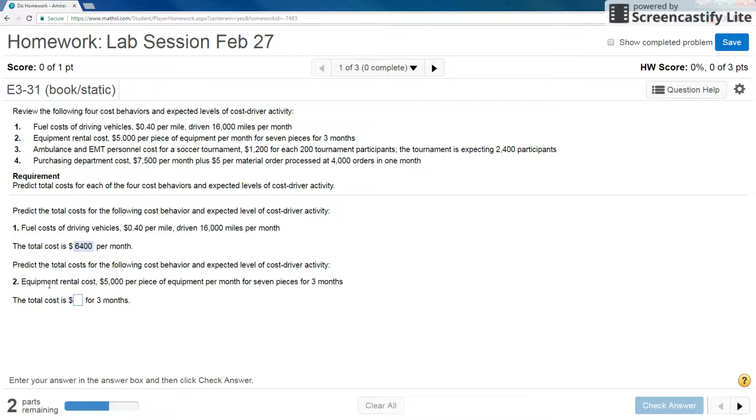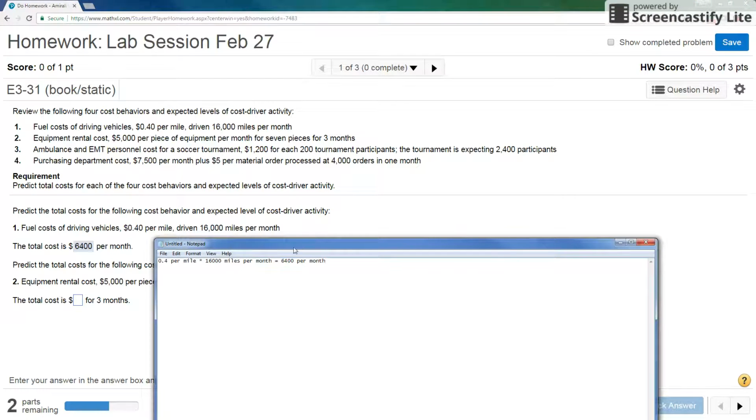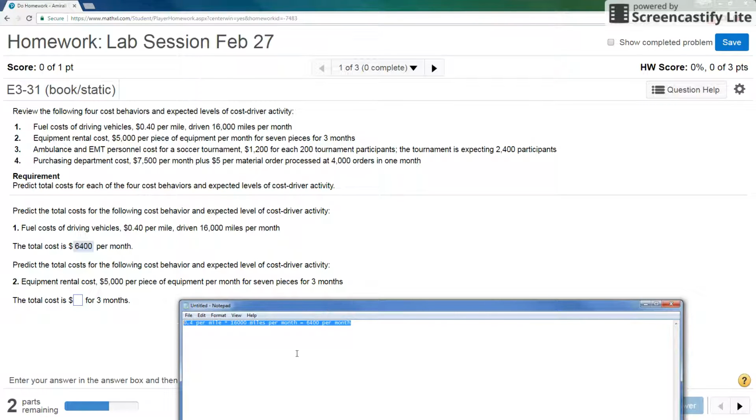The second one is asking us the equipment rental cost. It is 5,000 per piece of equipment per month and for 7 pieces and 3 months. So if you want to calculate that, we have 5,000 per piece per month multiplied by 7 pieces and 3 months.